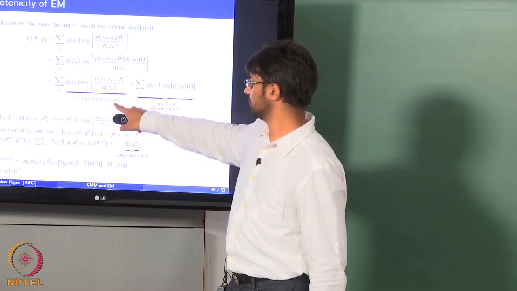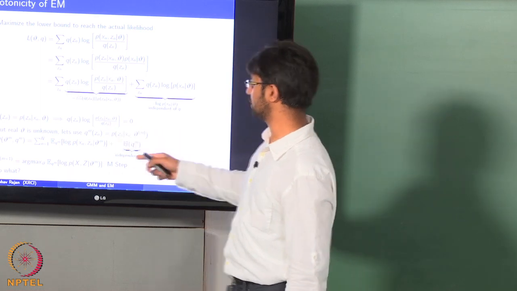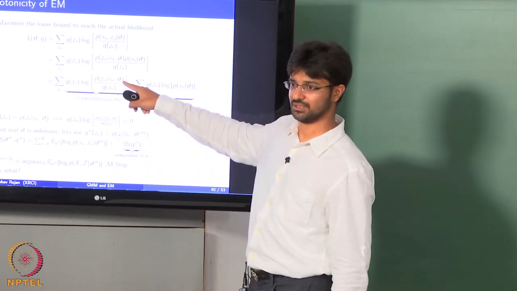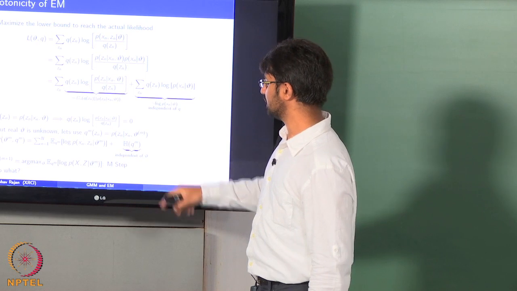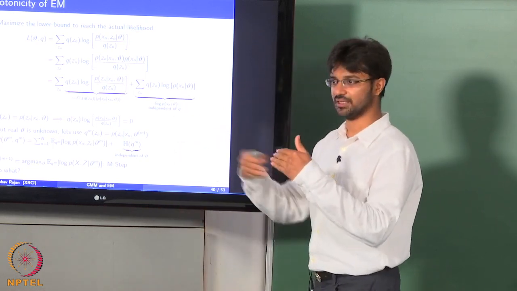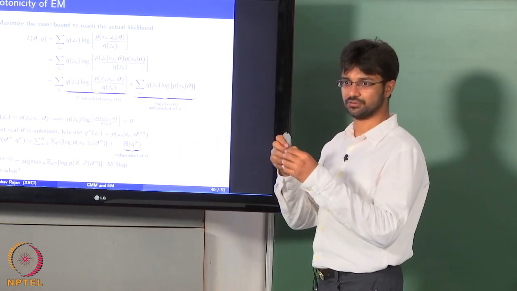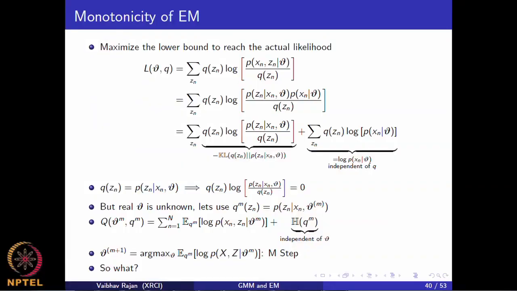But again we come back to the same problem that we do not know the actual theta, but in an iteration of EM we have guessed the value of theta m. So we can use that value of theta m and use that probability distribution as q. Okay.